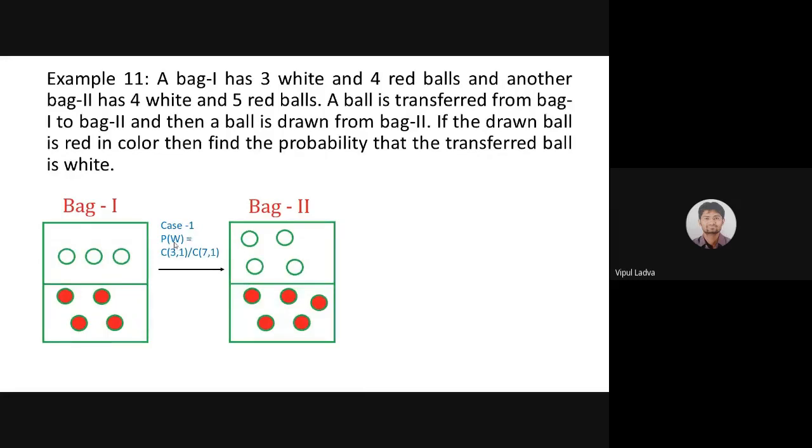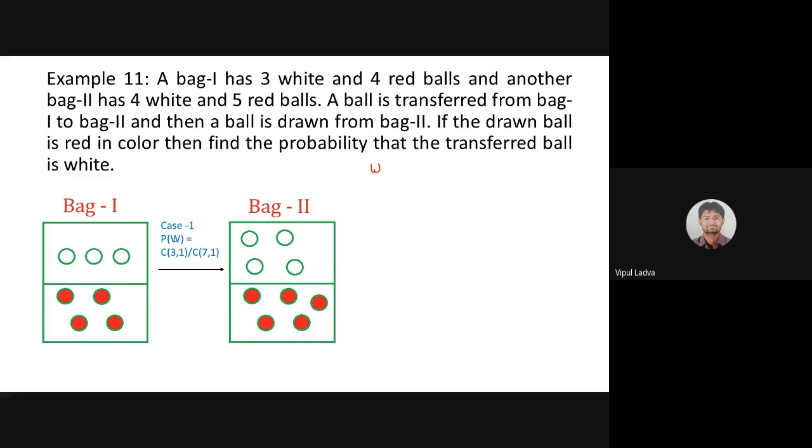Now, I'm going to label that event with W. W is the event that the ball which is transferred from bag 1 to bag 2 is white. Event W, the white ball is going to transfer from bag 1 to bag 2. That is my event W.